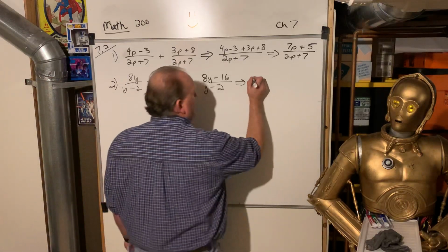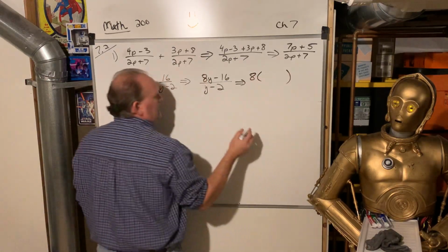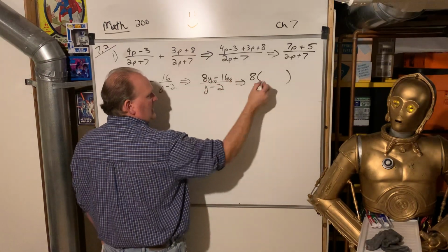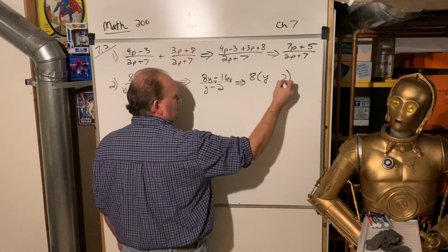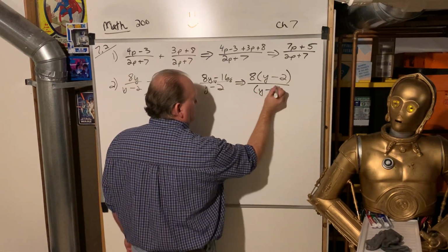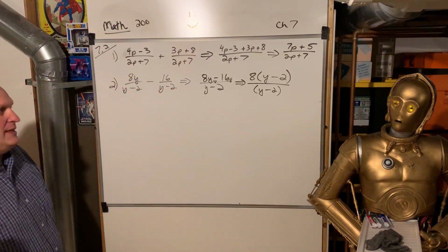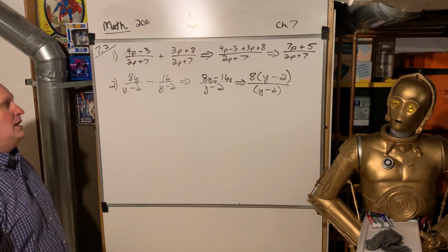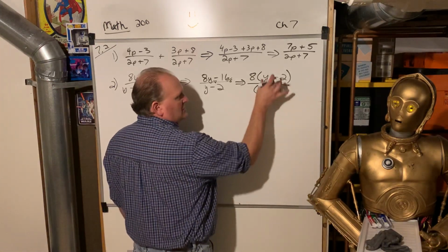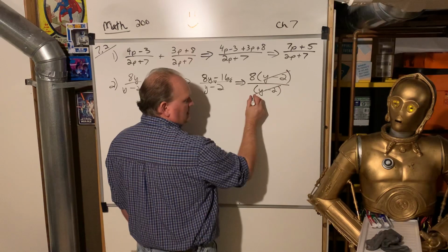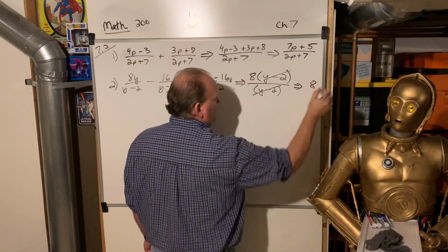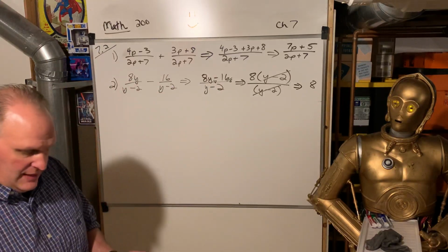I undistribute an 8, divide that by 8 and get y, divide that by 8 and get 2, and the minus stays there. But now look, we've got 8 times quantity y minus 2 over y minus 2, or kind of like 1 times quantity y minus 2. So those y minus 2's can cancel, and that's 8 over 1, or just plain old 8.